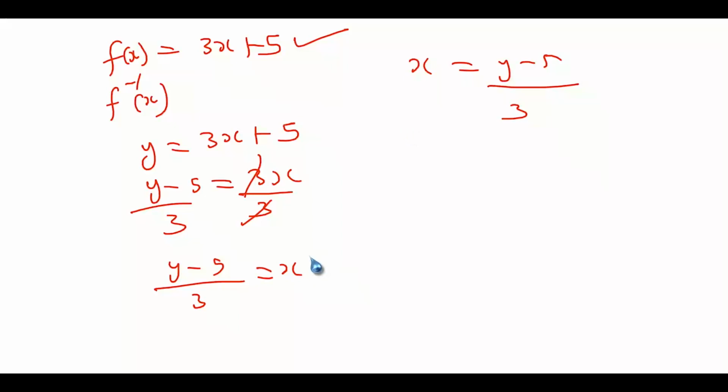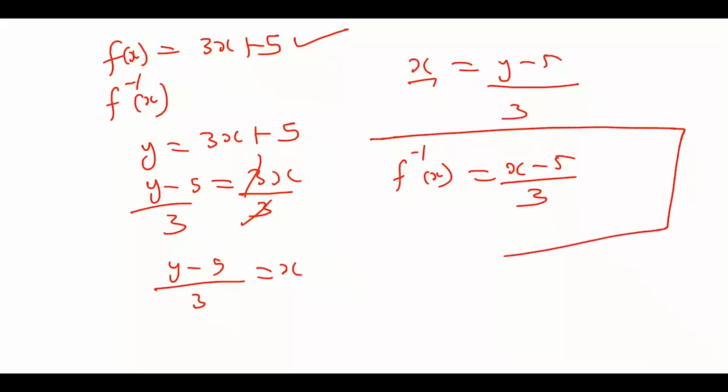The last thing you need to do is to replace x with f inverse of x and y with x. So that means instead of x, we have f inverse of x equals, instead of y, you have x minus 5 over 3. So this is the inverse of this function.